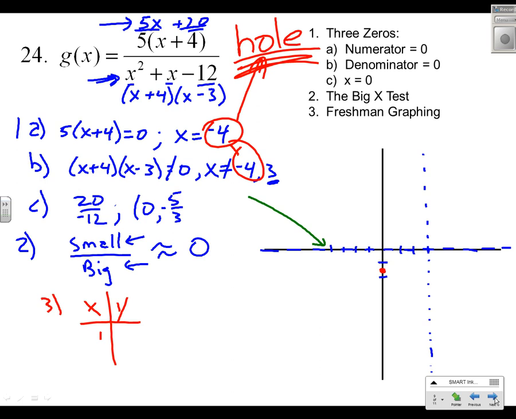So when I put 1 into the numerator, I get 5 times 1, 5 plus 20, 25. 1 into the denominator, I get 1 plus 1 minus 10, negative 10, so negative 2.5. So I am down. Let's go ahead and extend this. At 1, I'm down to negative 2.5.